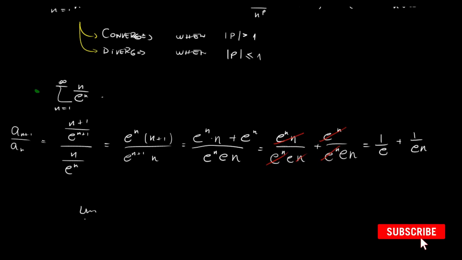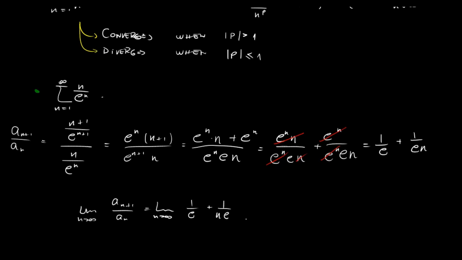So the limit when n tends to infinity of a sub n plus 1 divided by a sub n is the limit of 1 over e plus 1 over n times e. The limit of the sum is the sum of the limits, and this first term does not depend on n, so we have 1 over e plus the limit of 1 over n times e.